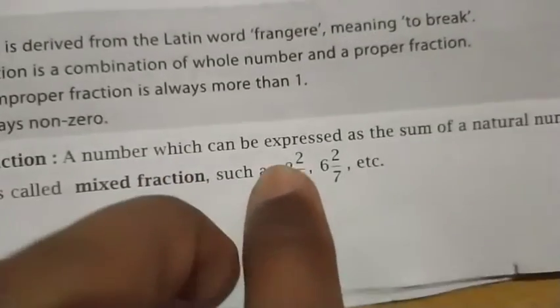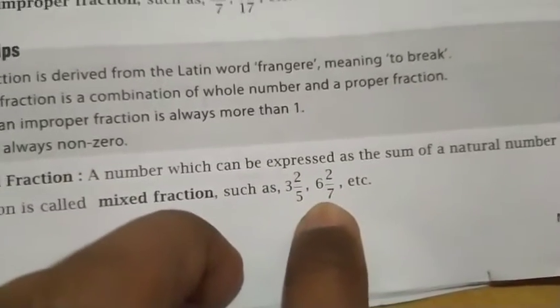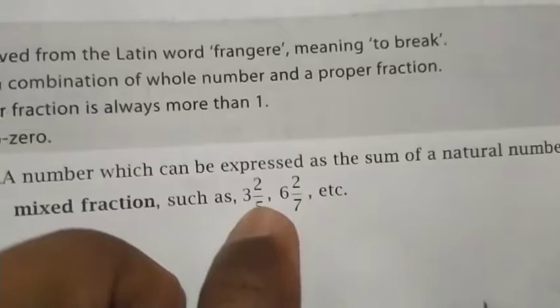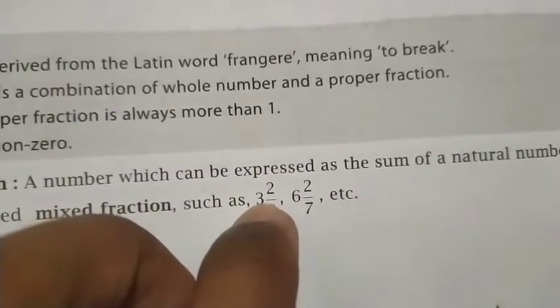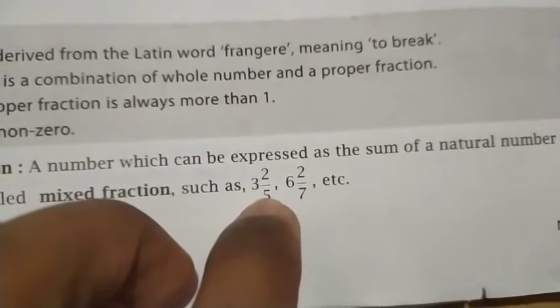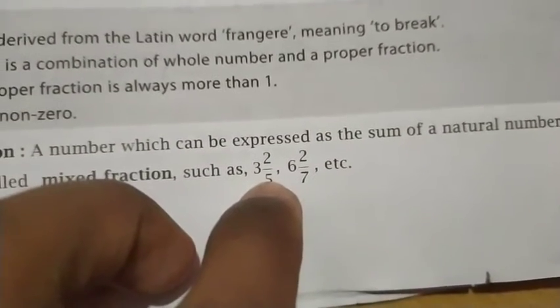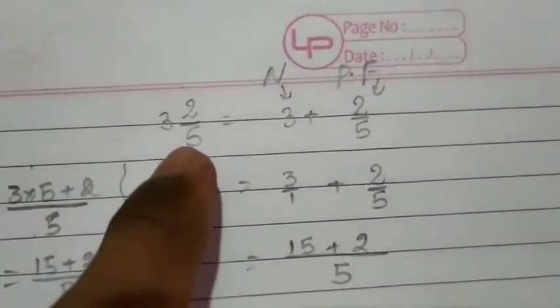Such as 3 2/5, 6 2/7, etc. As you can see, the 3 and 2/5 can be expressed as we said, that this mixed fraction is the sum of a natural number and a proper fraction. N stands for natural and PF stands for proper fraction.